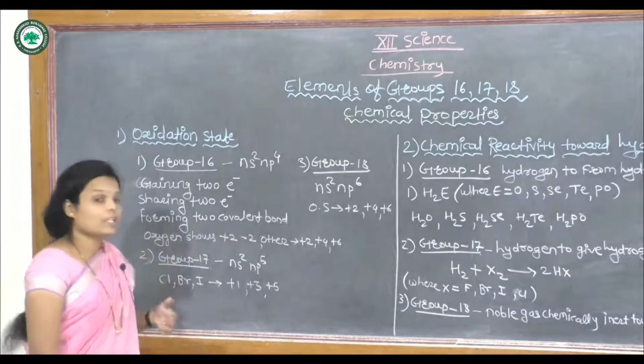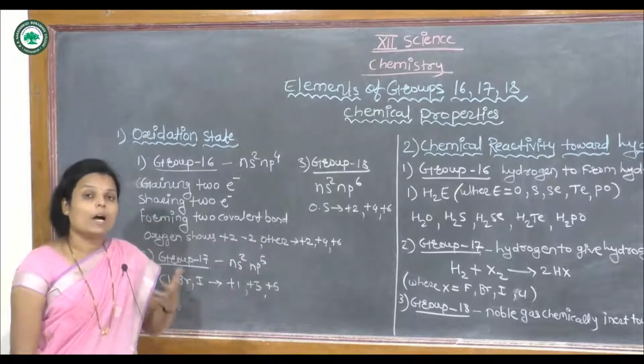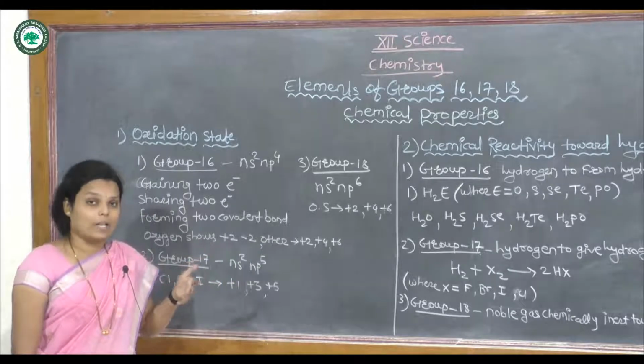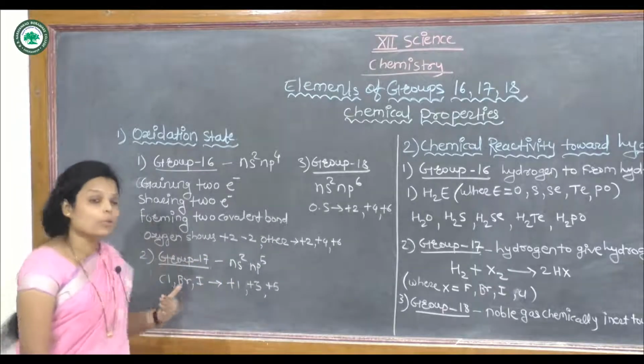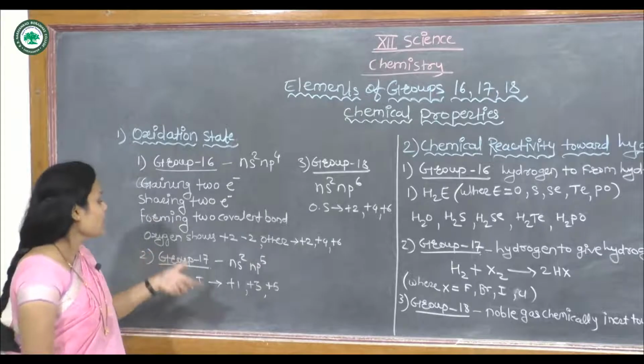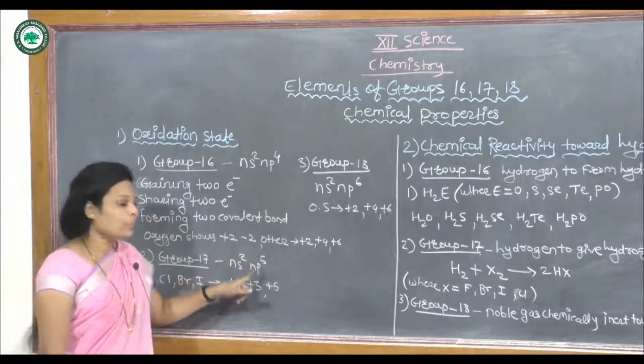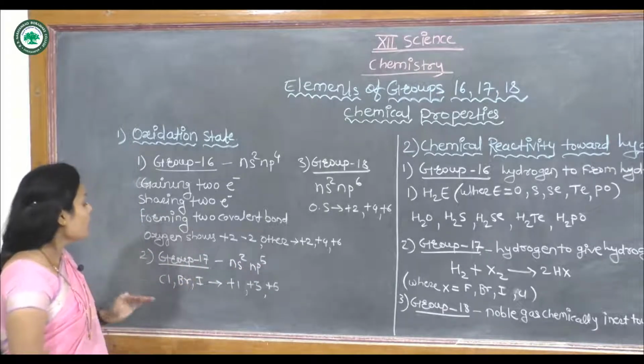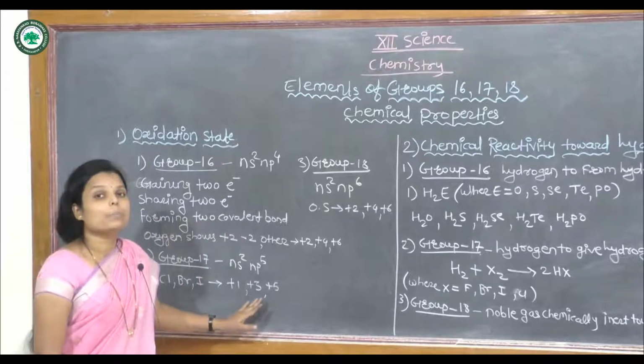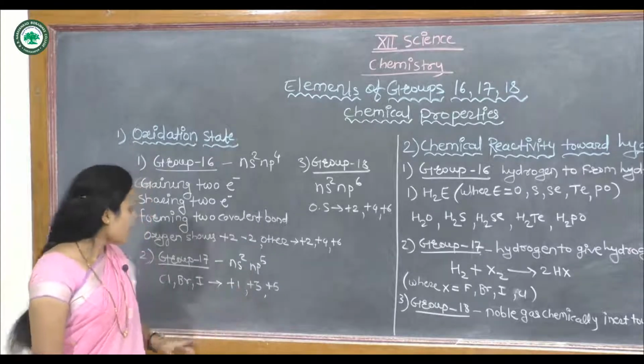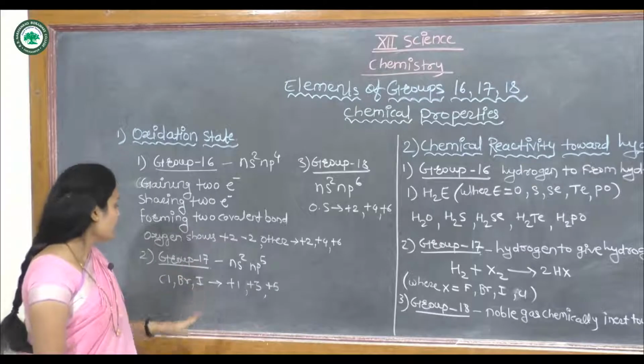The elements are fluorine, chlorine, bromine, iodine and astatine. All of these are group 17 elements with the electronic configuration ns2np5. They show +1, +3 and +5 oxidation states.